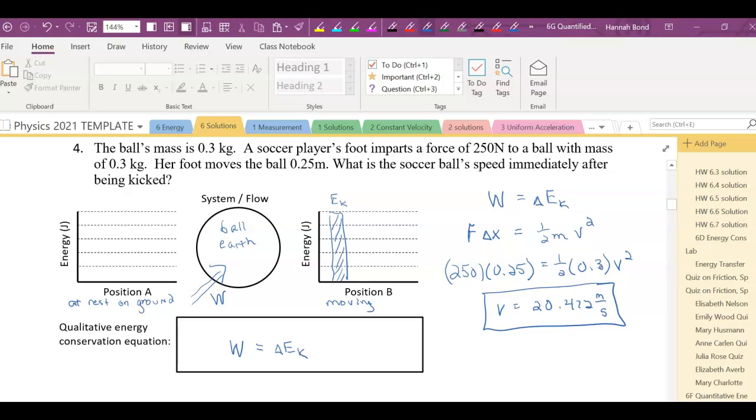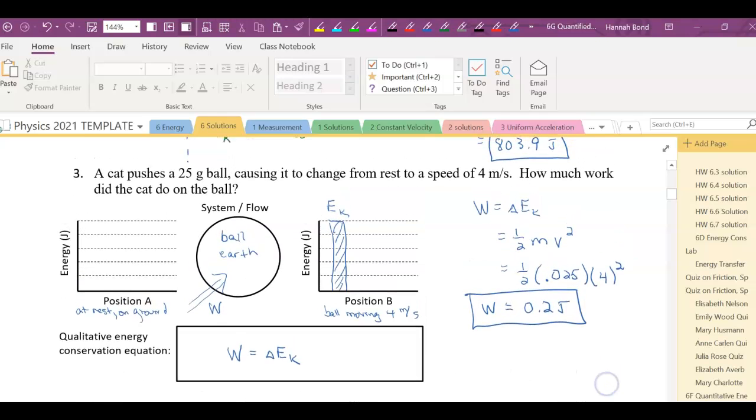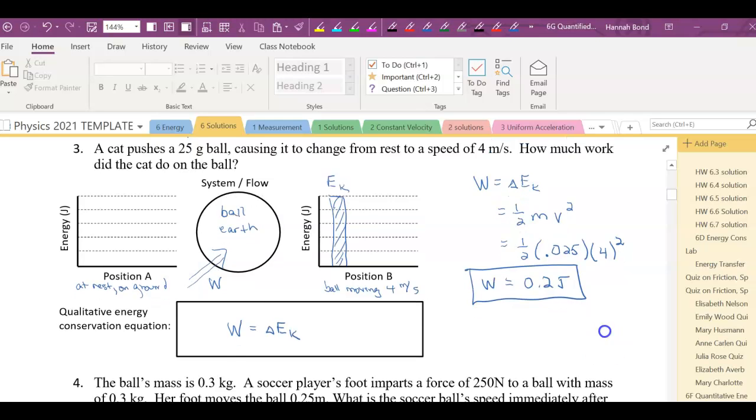So I'm just going to go back and look at these two situations. In the first situation, we are inferring how much work was done by looking at how much energy was transferred into the system. And here, that energy was transferred in and was stored as kinetic energy. So in number 3, we found the work by calculating how much energy was transferred.